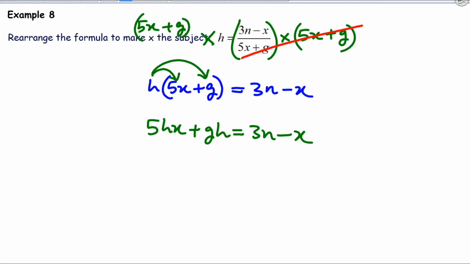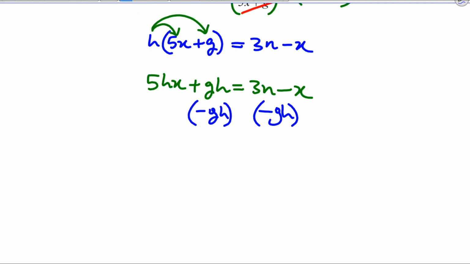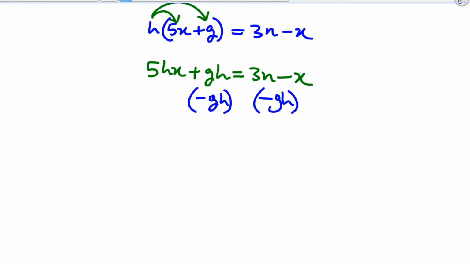Then what we can do is subtract gh from each side. What we shall end up with is 5hx will be equal to 3n minus x minus gh.